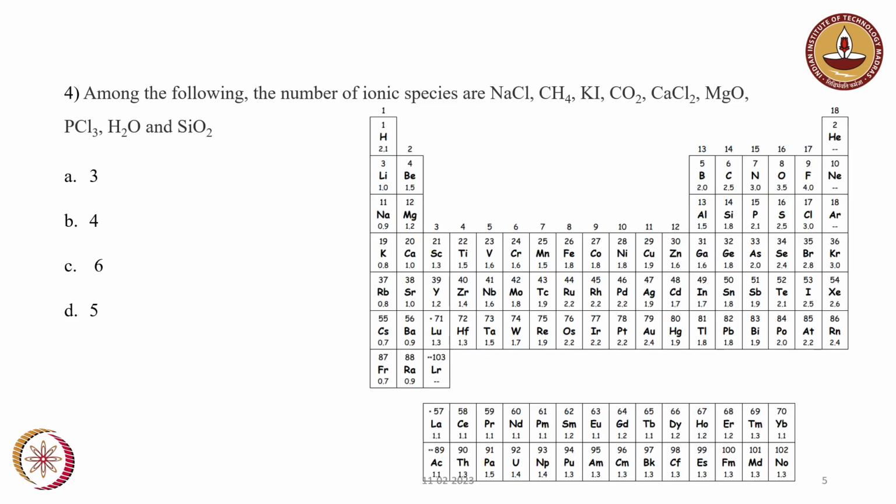From this table, we can see the electronegativities, and fluorine is the highest at 4. We are given sodium chloride. Sodium has an electronegativity of 0.9, and chlorine is 3.